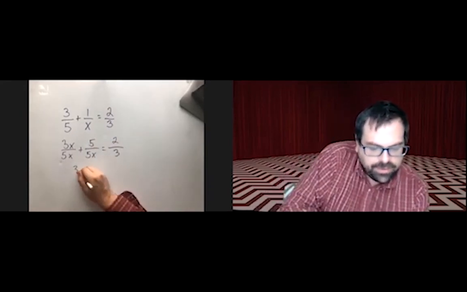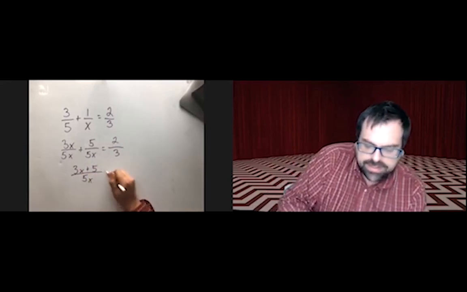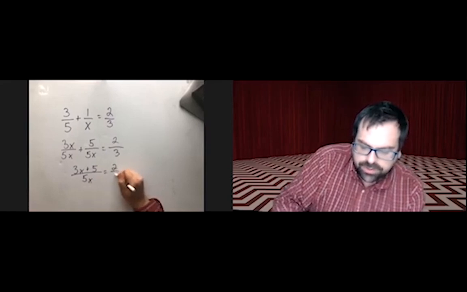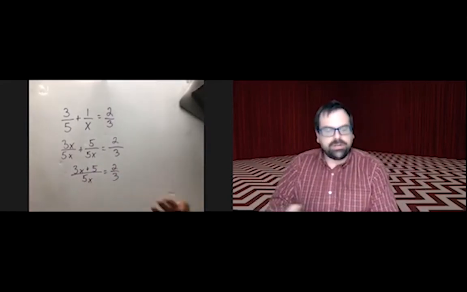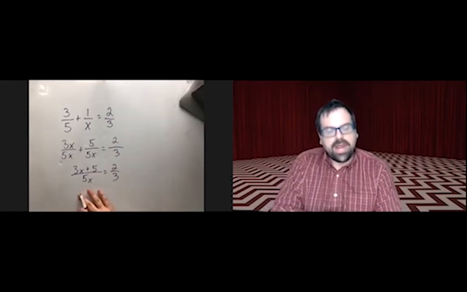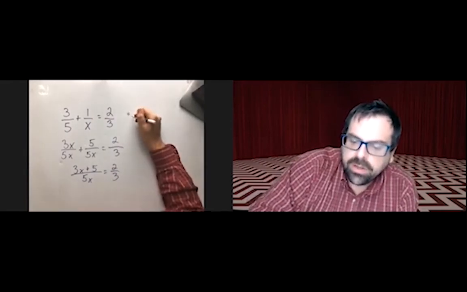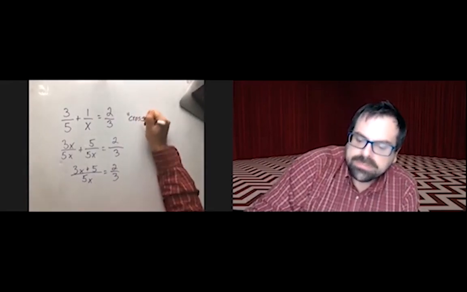And we would have (3x plus 5) over 5x equals 2/3, and we have a proportion. Fraction equals fraction.